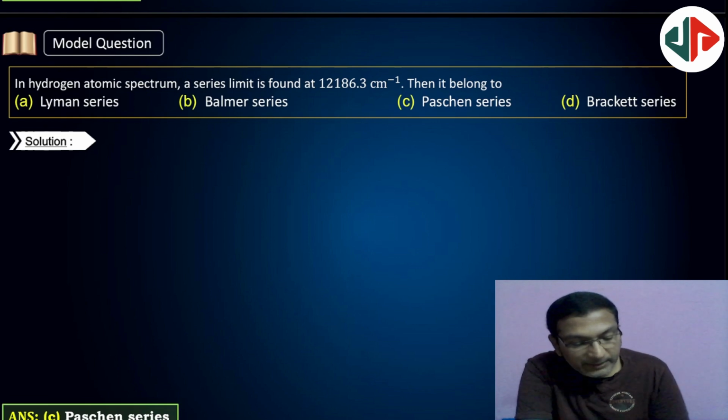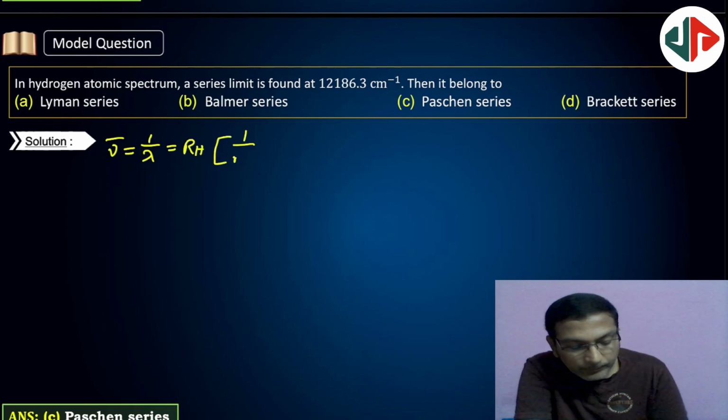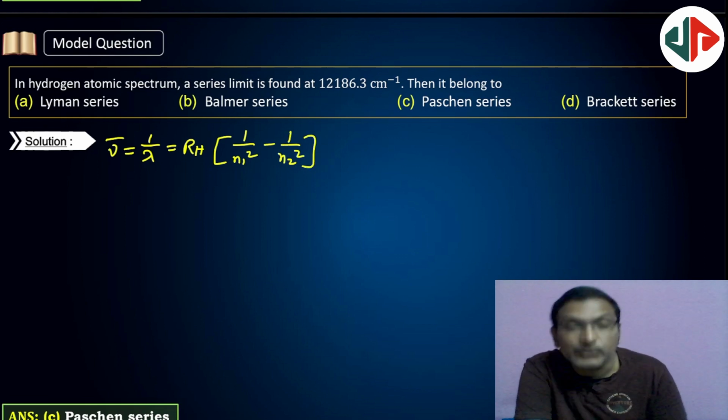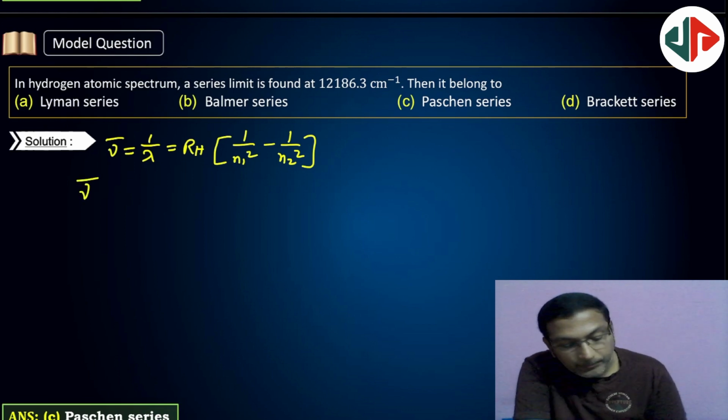So in a Rydberg equation, nu bar equal to 1 by lambda, that is equal to RH into 1 by N1 square minus 1 by N2 square. So here nu bar, series limit, that means wave number is given 1 to 186.3 centimeters inverse.